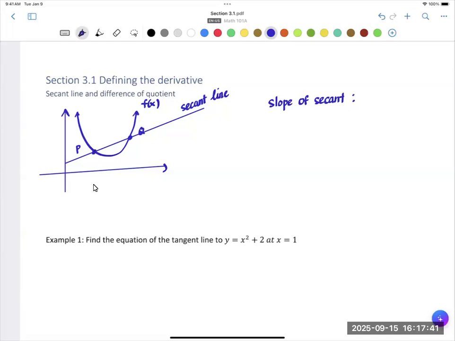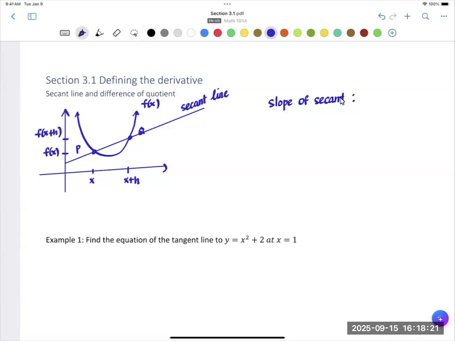Let me label the point P. The x value of point P will be x, and the y value at point P will be f of x. From P to Q, you have a difference of h. So I add h to my first x value and get my second point, x plus h, for Q. The y value at Q is f of x plus h.